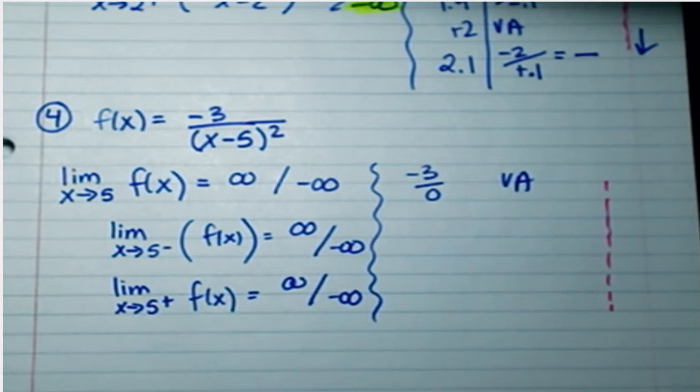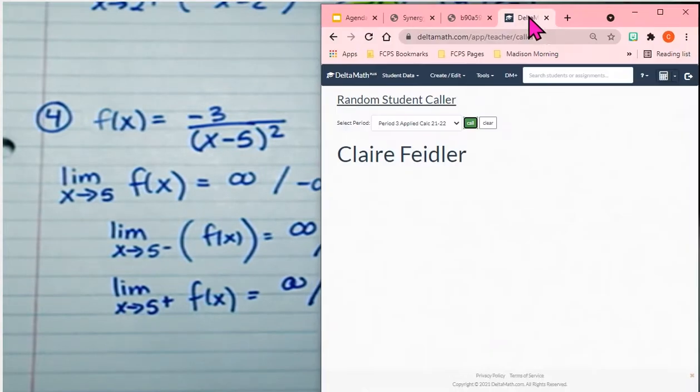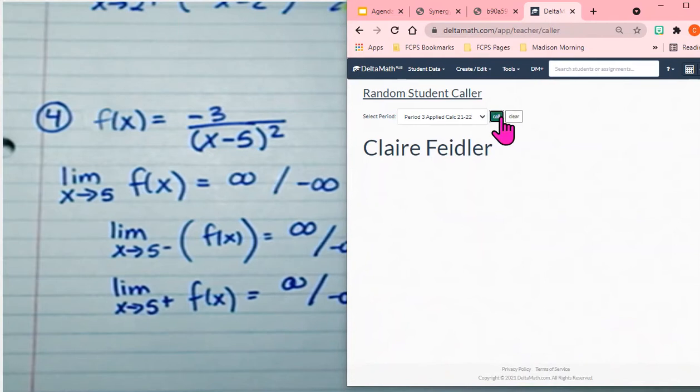Hold on, wait for it. I have a random student caller. Don't make me do it. So the first name I get that hasn't shared yet, Claire's already shared. Jacob. Nope. You have not.